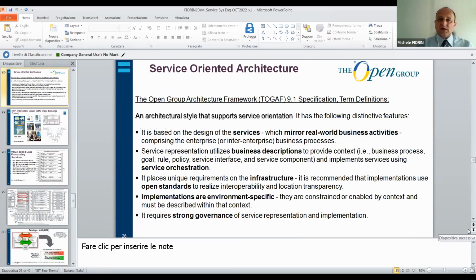The first one is that they are not only technical services, but may also include business activities. And what I would like to highlight more is that they are independent of the technology and independent of the number of systems that are connected to it. So when the complexity grows, the service is the key element which allows us to decrease the complexity.